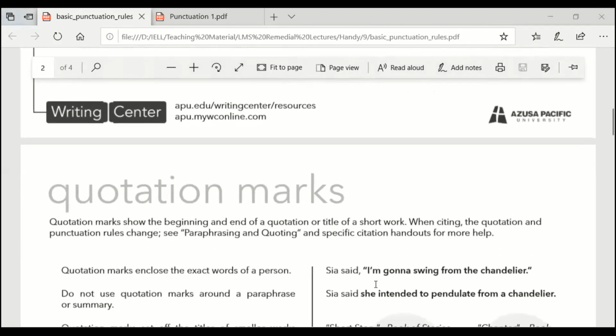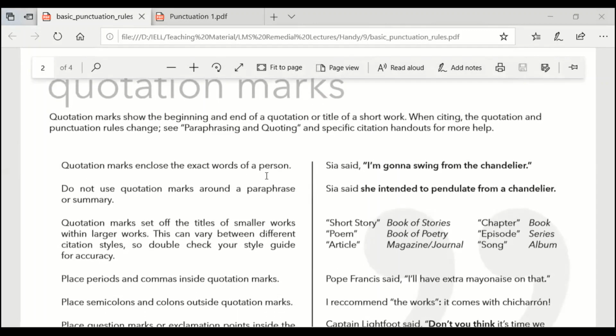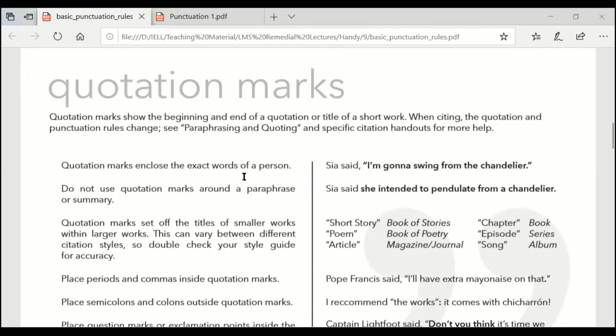Okay, moving forward, now we're coming to quotation marks. Quotation marks are very straightforward punctuation marks that are not so complicated, but still we'll just go through it. We use quotation marks at the beginning and the end of a quotation or a title of a short work.